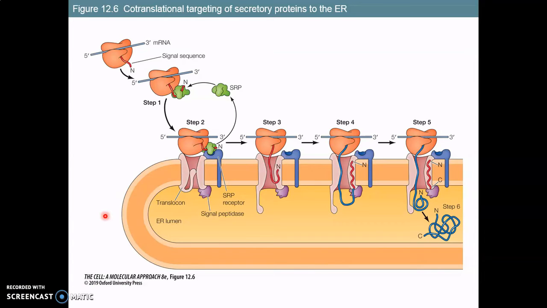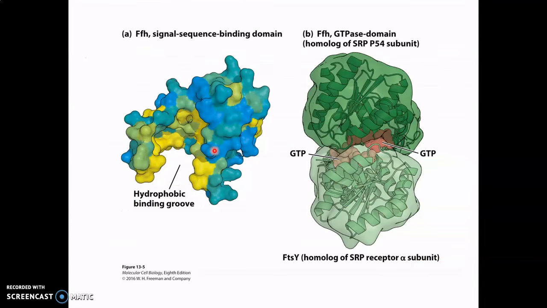So we already know that the SRP has a binding pocket for this hydrophobic region in the signal sequence. We also know that it has a binding site for the SRP receptor, because these two form an association. So let's go into a little bit more detail about that.